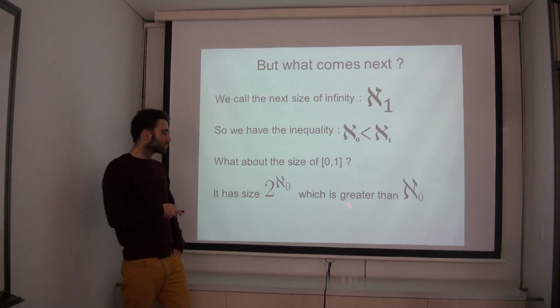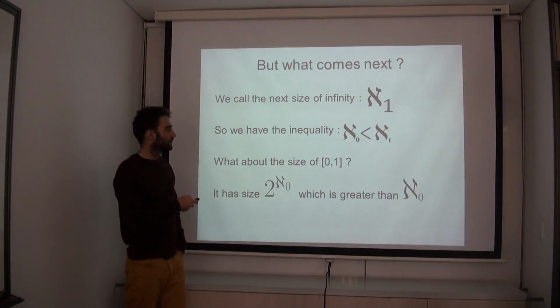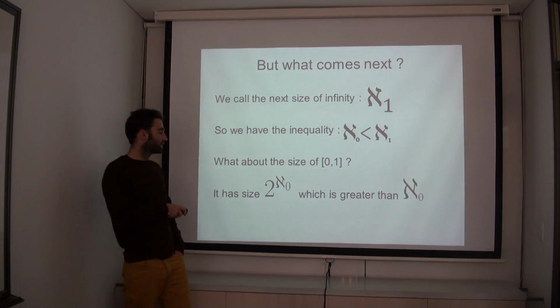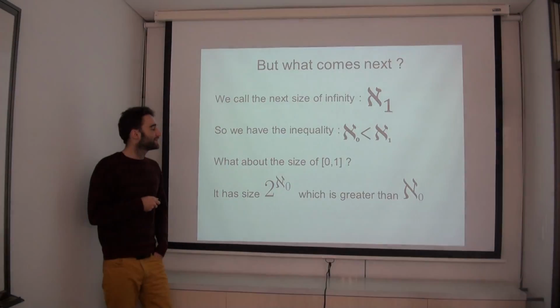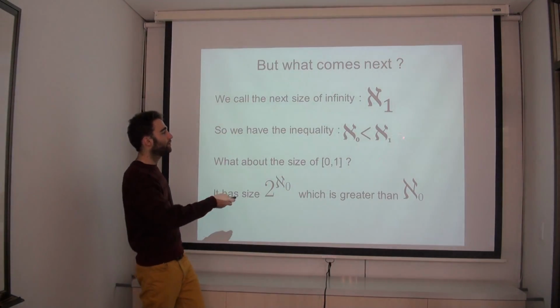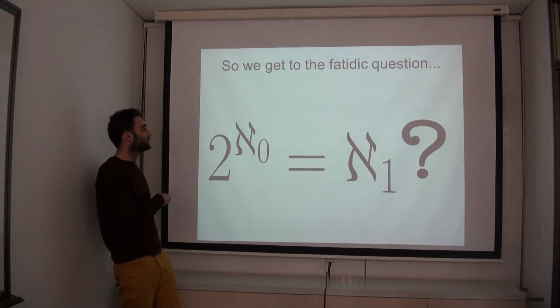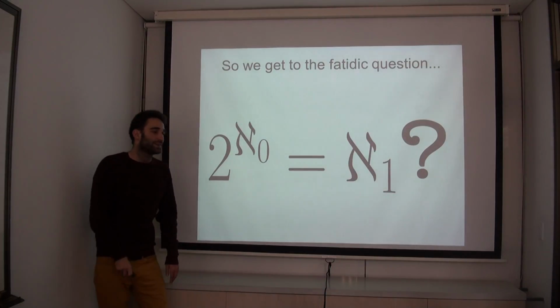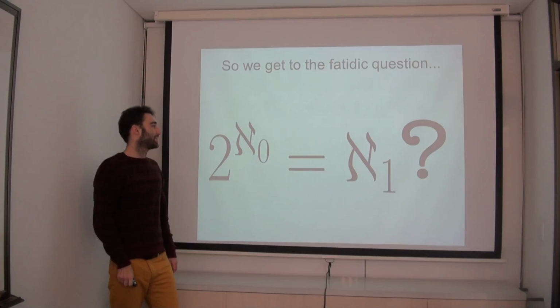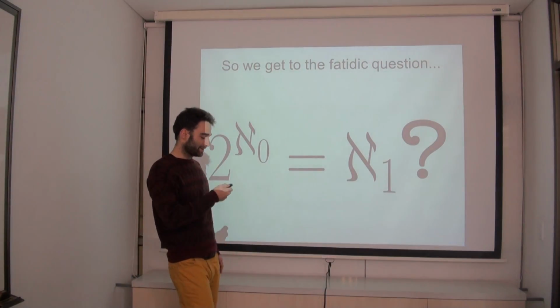That is strictly greater than Aleph sub 0, so it's not the smallest infinity, but can we compare it to Aleph sub 1? So we get to this question: is 2 to the Aleph 0 equal to Aleph sub 1? And actually we don't have a really good answer.